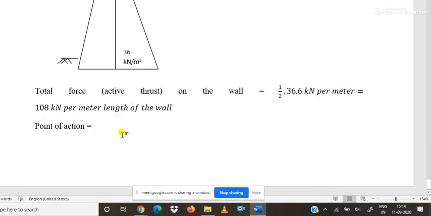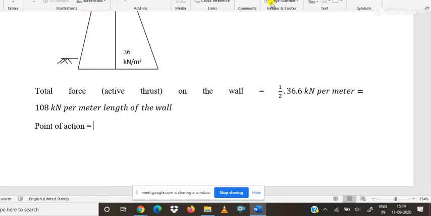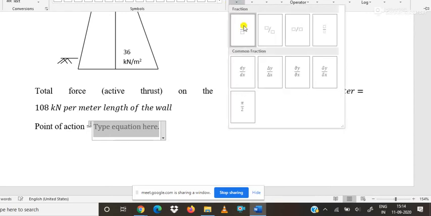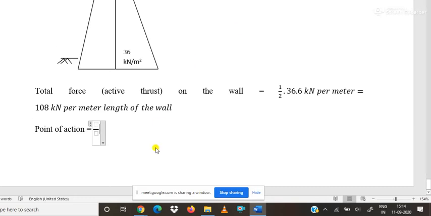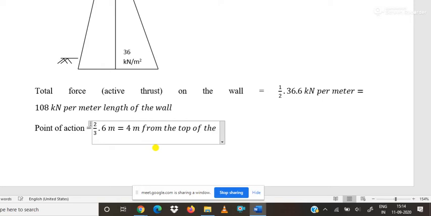That means you may write down 2/3 multiplied by 6 meter equals 4 meter from the top of the wall.